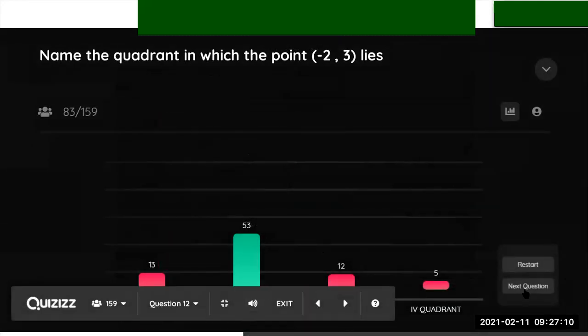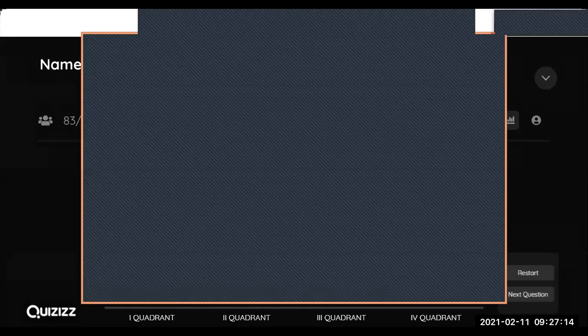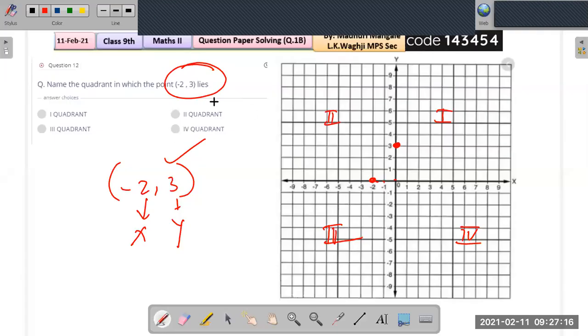So 53 of you got it right. Wonderful. Let's see why others couldn't get it. Just check. -2, 3 students. Please join the Zoom screen. -2, 3. So x is -2 over here and y is 3 over here. These points will join and that is the point. This is -2, 3, and which is the quadrant? Second quadrant. That was the correct answer.